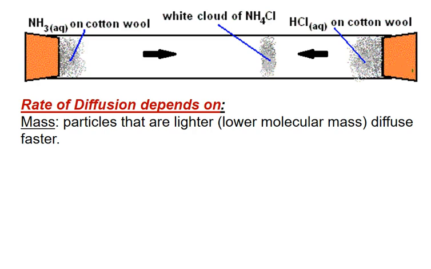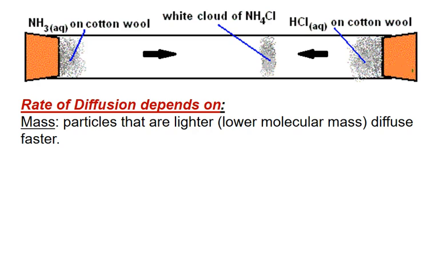So NH3, nitrogen is 14 plus 3 for hydrogen, so the molecular mass of ammonia is 17. While HCl, the hydrogen has a mass of 1, the chlorine has 35.5, so the molecular mass of HCl is 36.5. So the HCl particles are higher molecular mass, they move slower, while the ammonia particles are lighter, lower molecular mass, so they diffuse faster.